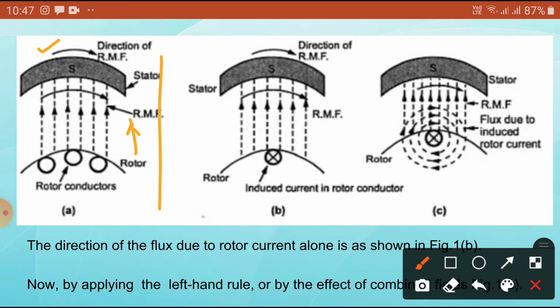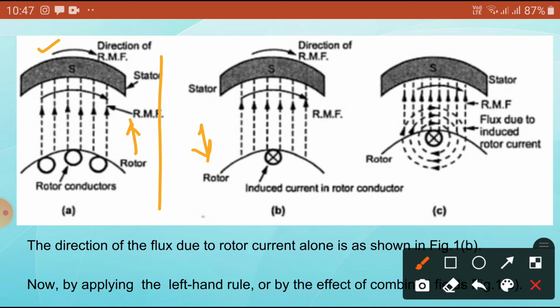Now just assume the rotor. Let us assume one conductor in which the current is flowing into the paper. This is a cross, meaning it is away from us.